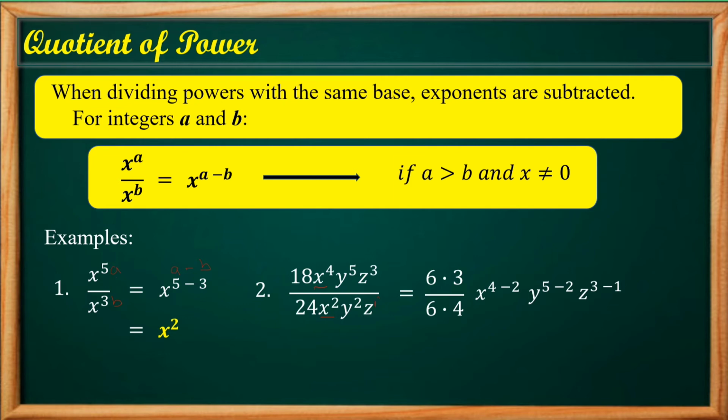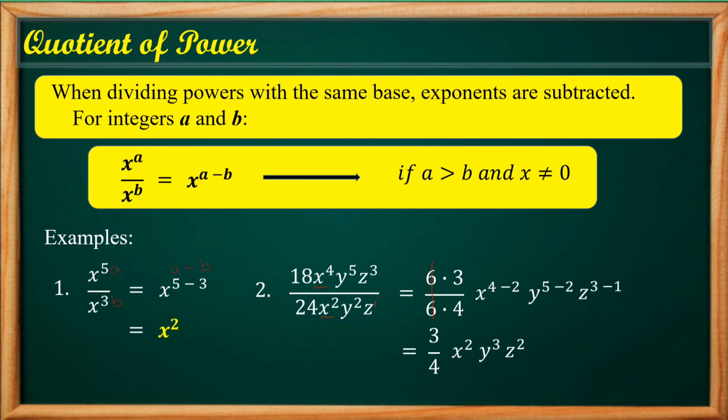That is why it becomes 1. Next, the common factor of 18 and 24 is 6, then cancel out. The remaining is 3/4. Then x raised to the power of 2, then y raised to the power of 3 because 5 minus 2 is 3, then z raised to the power of 2 because 3 minus 1 is 2.